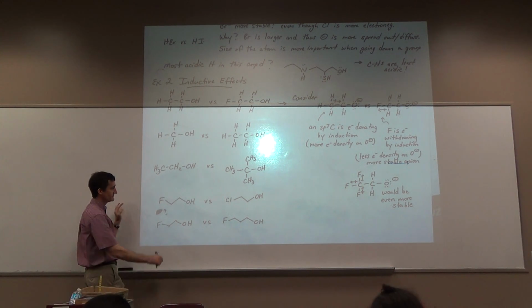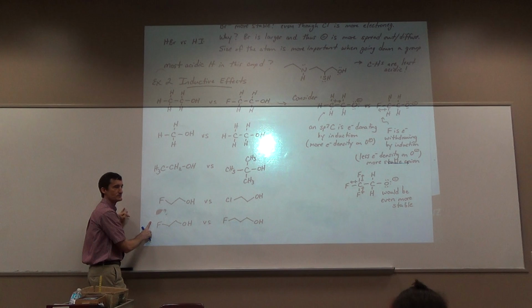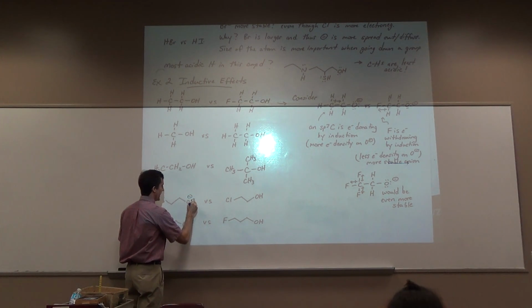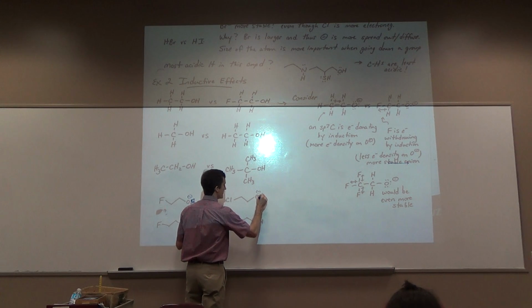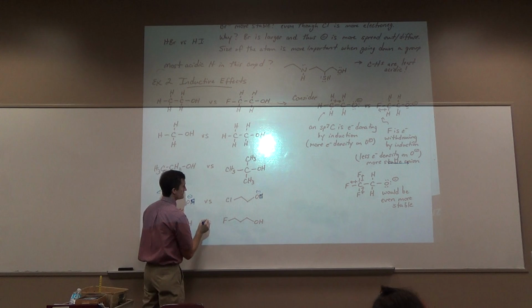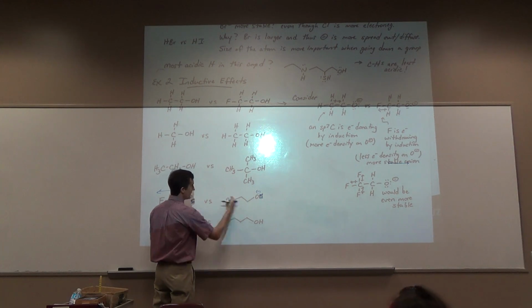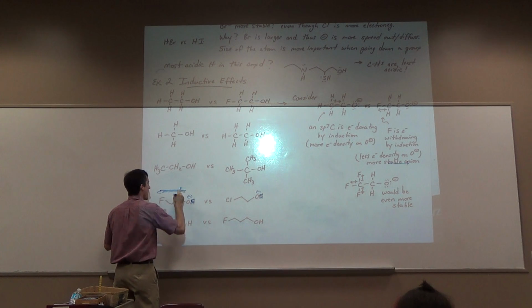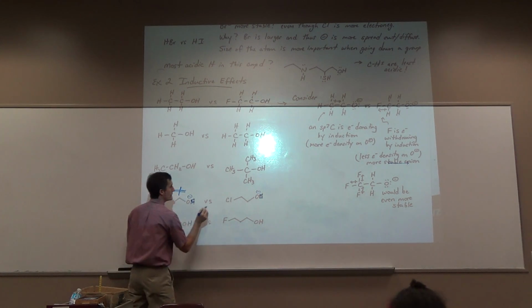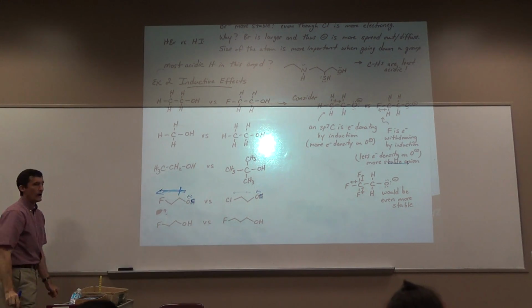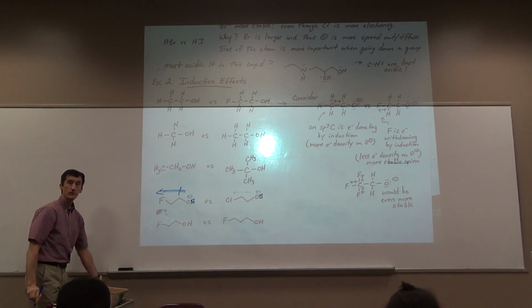Left wins. Why? Because the fluorine's more electronegative than the chlorine, so it will pull more electrons away. Yeah, we're looking at the O minus, right? I mean, chlorine also pulls. Okay, chlorine pulls more.